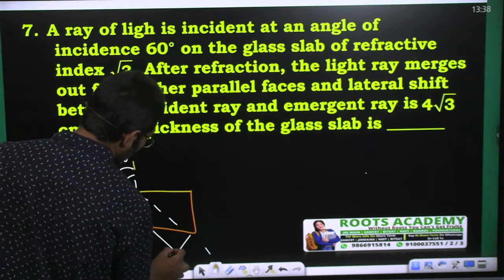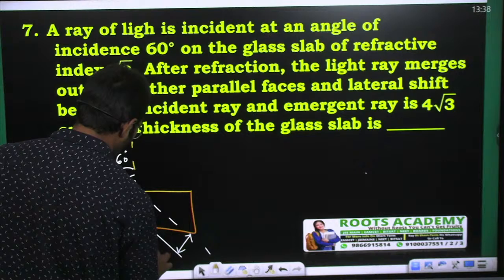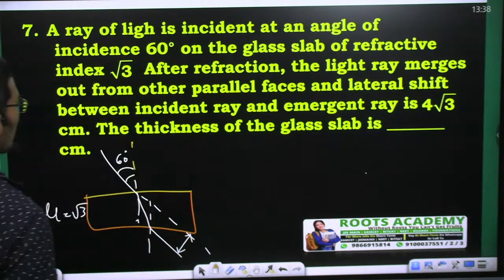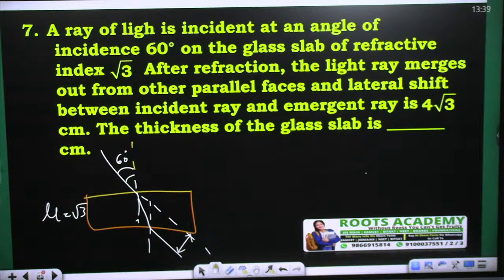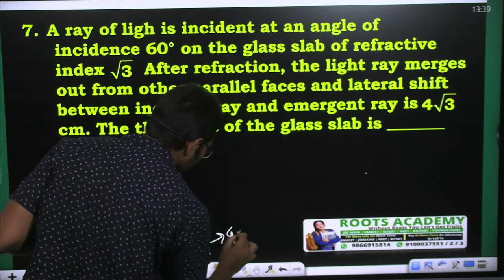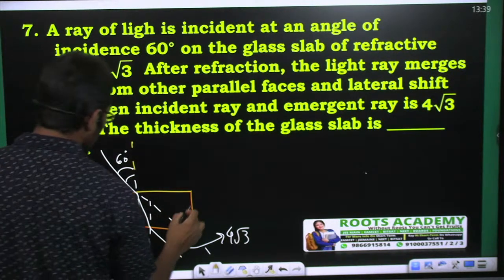This is called lateral shift. The thickness of the slab is being asked.